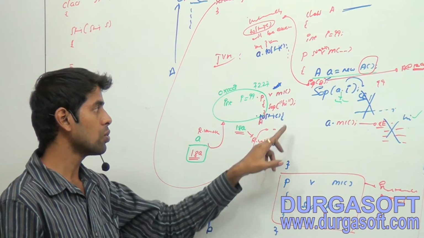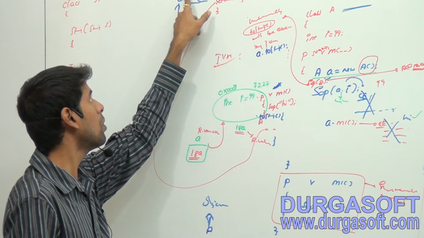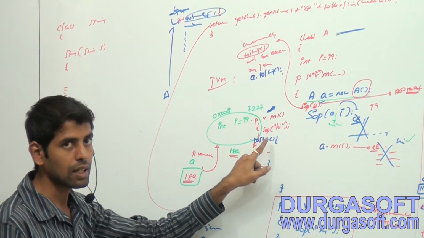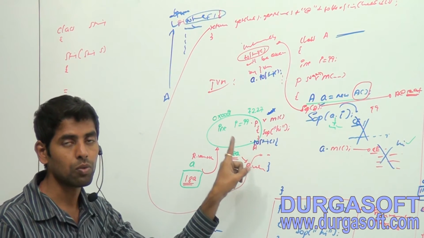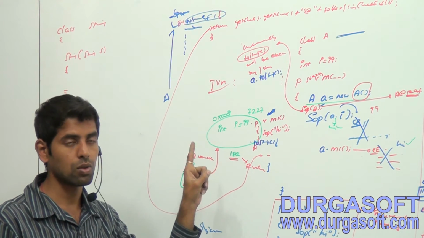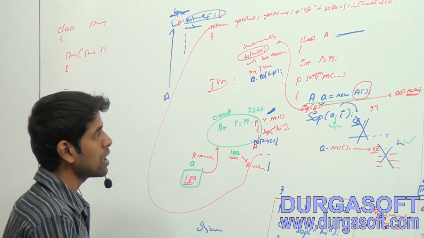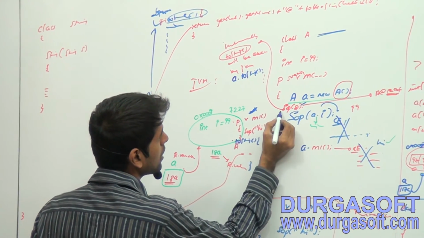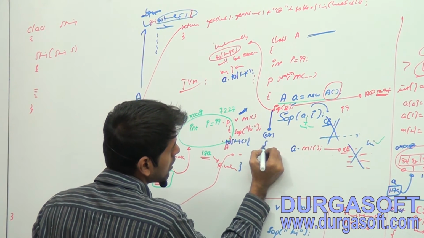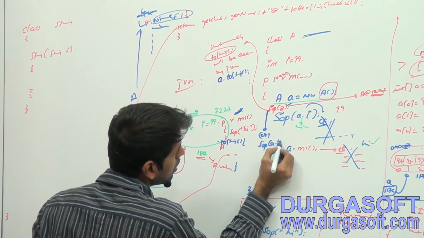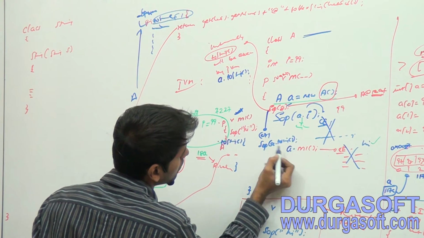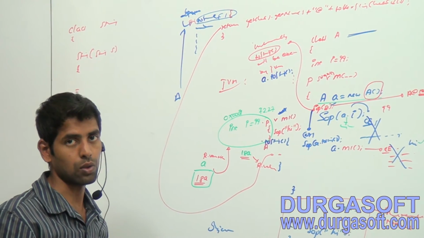The toString method is inherited from the Object class. Even that method will be available within this object. So that's why if I put SOP of a or SOP of a.toString, no issues, it will compile and it will execute.